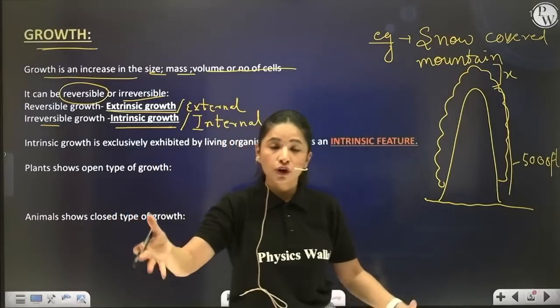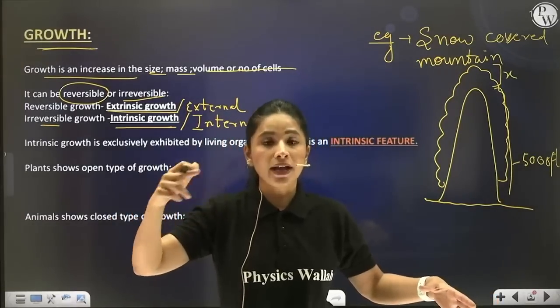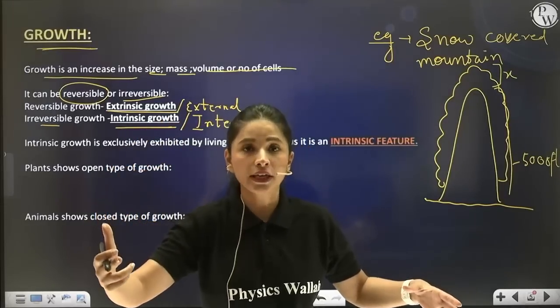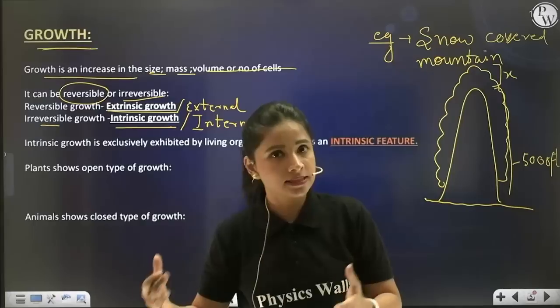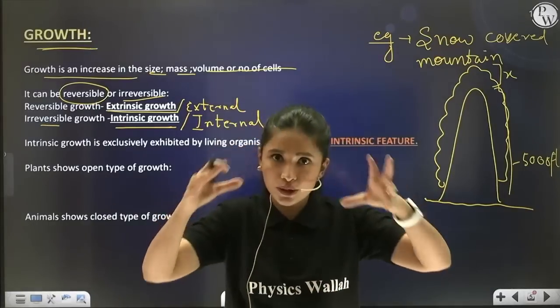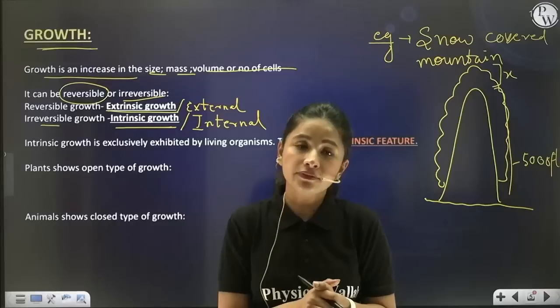Yes or no? So now that climber will need to climb 5,000 plus X feet to reach the top of the mountain. Again summers are going to come, now the snow is going to melt down. Again the height of the mountain will become 5,000 feet.